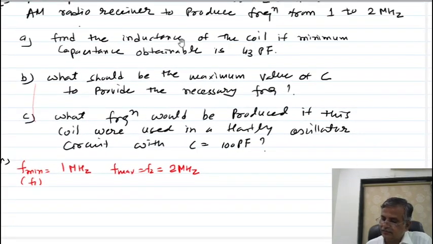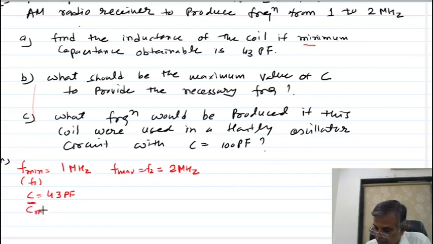Question: find the inductance of the coil if the minimum capacitance is 43 pf. Look here, they have given only the value of C, not C1 and C2, but C minimum, 43 pf. I have to use the equation F is equal to 1 upon 2 pi root LC.